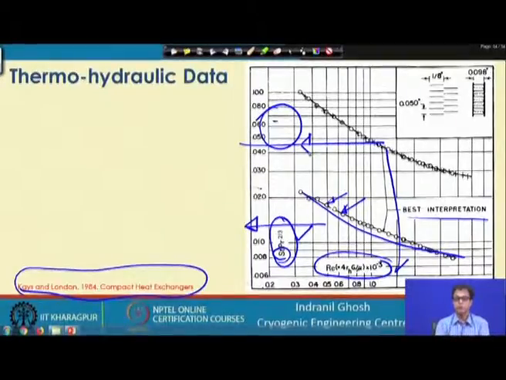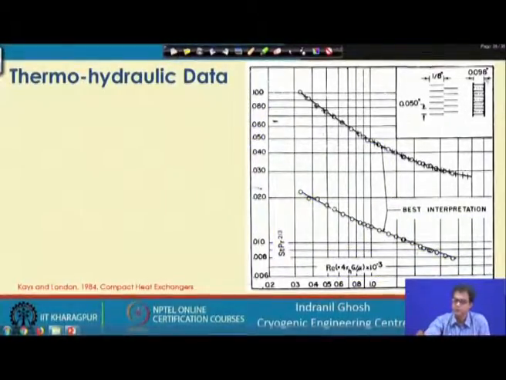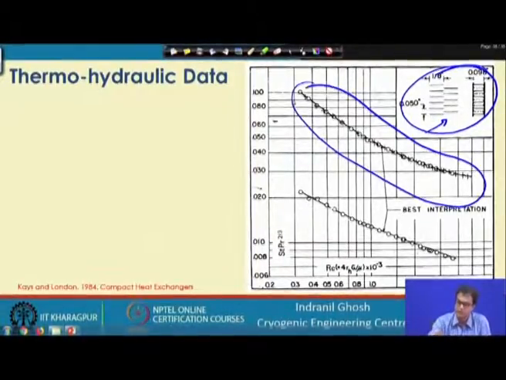So, this is how we estimate the friction factor and the J factor, or from the J factor we estimate the heat transfer coefficient. And as soon as we specify the fin, that means the fin details are known, we have all the geometrical parameters necessary for the fin, and we also know what is the friction factor or what is the J factor.